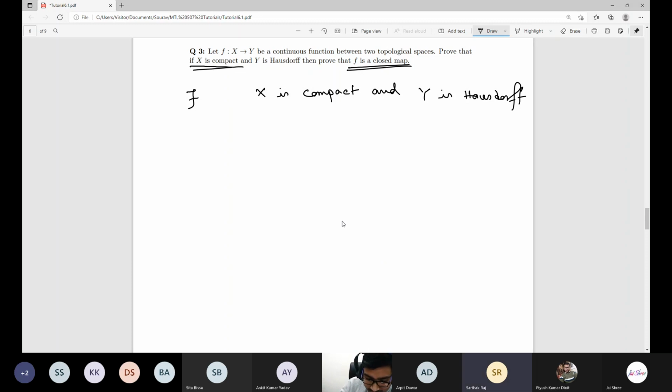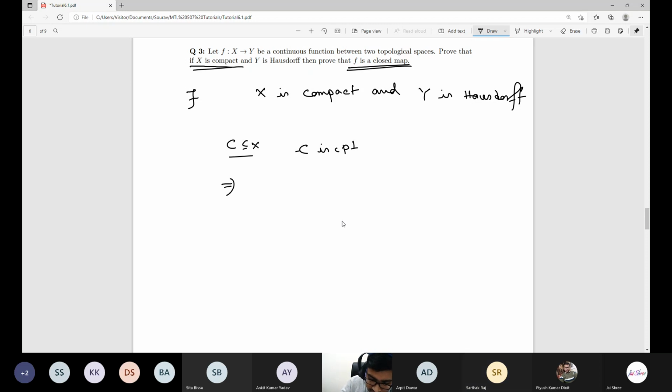Since X is compact, the closed set C will also be compact, a subset of X. And C is compact and f is continuous, so f of C is compact.